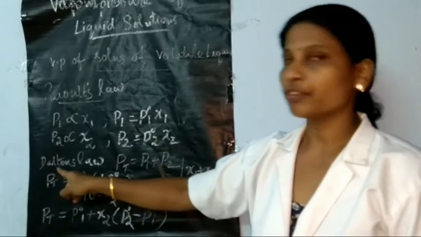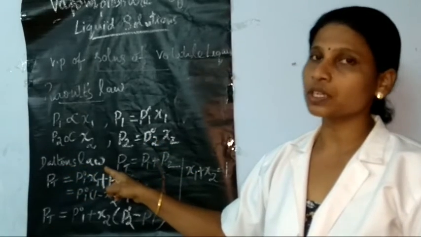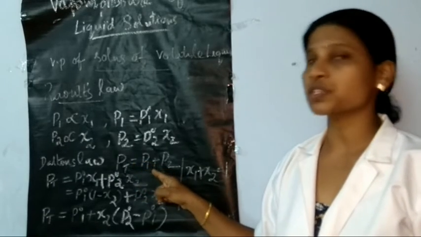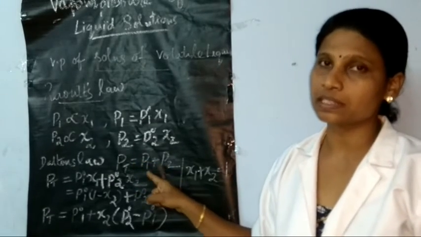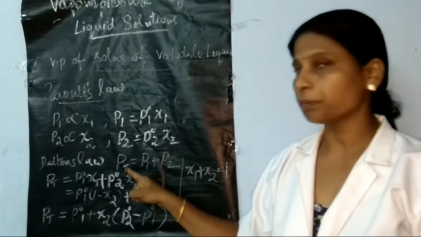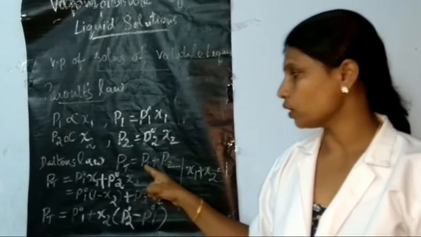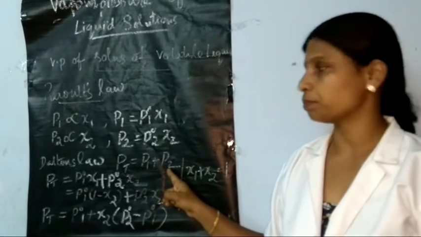Then from Dalton's law of partial pressures, as you know, the total pressure is the sum of the partial pressures of all the components present in the solution. Therefore, P total is equal to P1 plus P2.